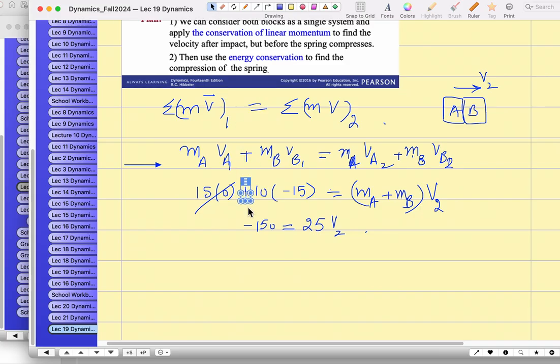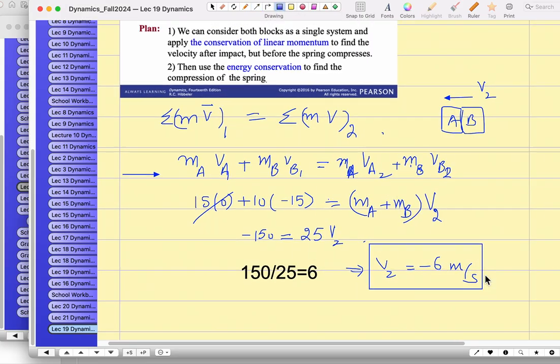What do you guys get for this one? If we do the math here, 150 divided by 25, I got negative 6. The velocity v2 after the impact is negative 6, meaning it is moving to the left. So let me erase this vector and change the direction.